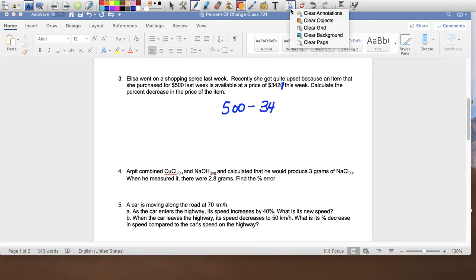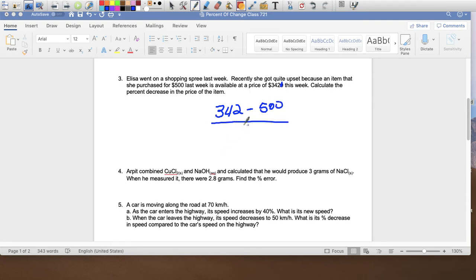So the price of an item, the new price this week: you go to the store, and it's $342 today. But last week you paid 500, so that's why you're upset. The old price was 500, which is what you paid last week. Now divide this by 500. So there was definitely a decrease in price, and you're killing yourself because last week you paid much more.